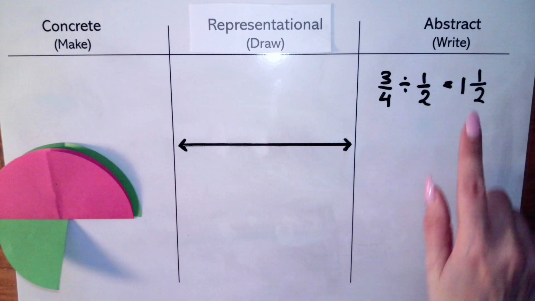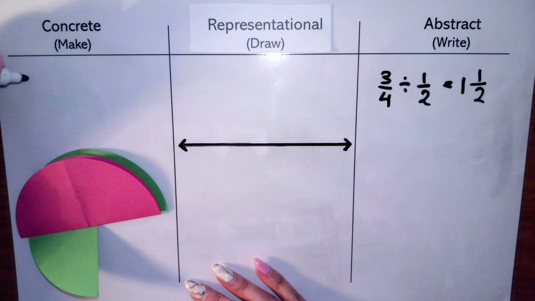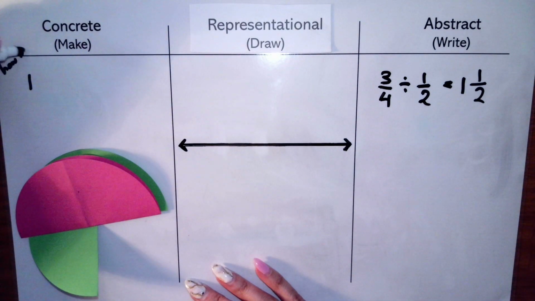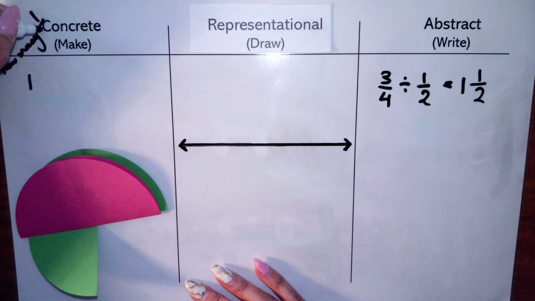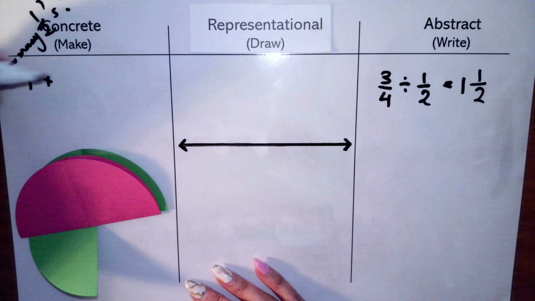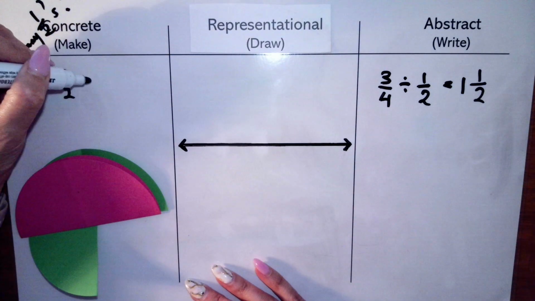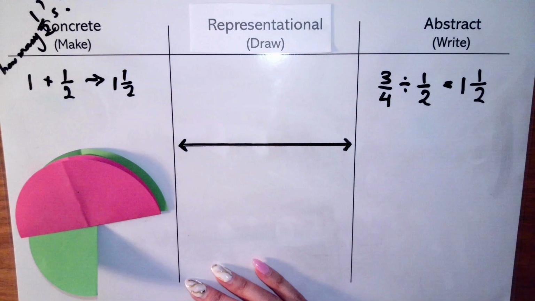So my final answer is 1.5. So the question is, how many 1/2s? It is 1 and then another 1/2 of that new unit, which makes 1.5.